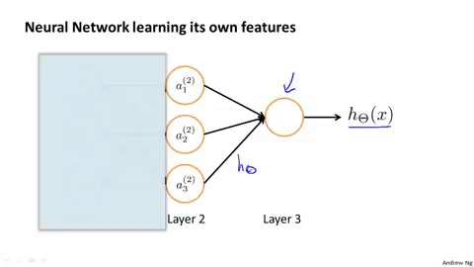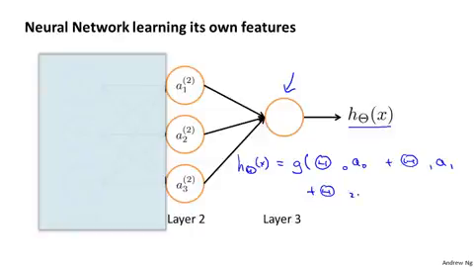Concretely, what the hypothesis is outputting is h of x equal to g, my sigmoid activation function, applied to theta 0 times a0, which is equal to 1, plus theta 1 times a1, plus theta 2 times a2 plus theta 3 times a3, where the values a1, a2, a3 are those given by these three hidden units.